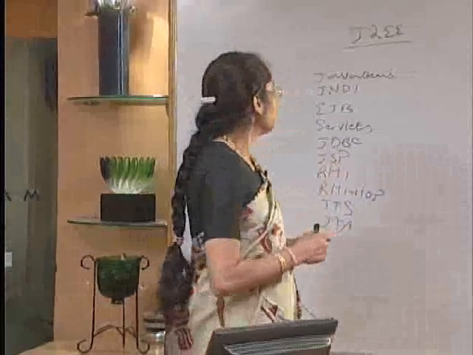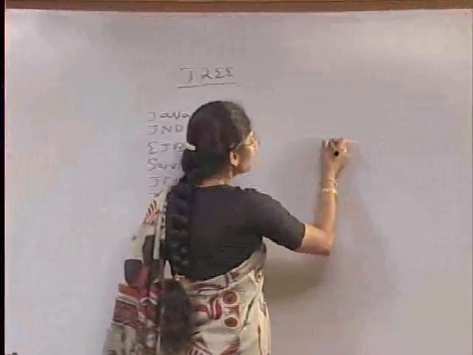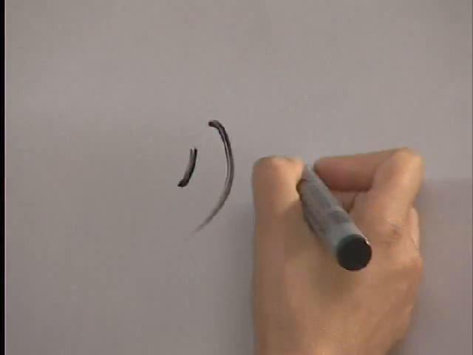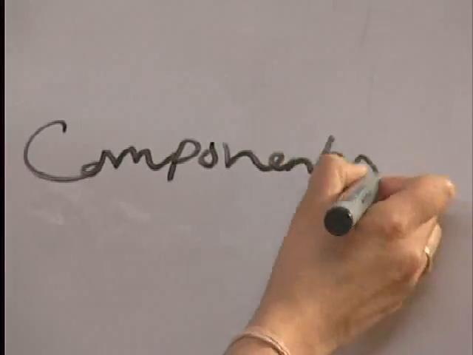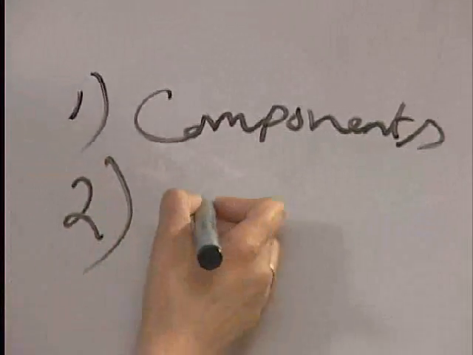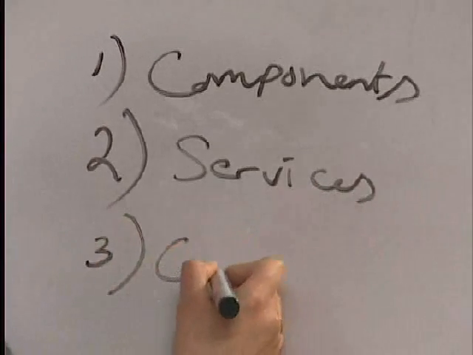So the architecture of J2EE basically consists of 3 parts: the components, the services, and the communication.